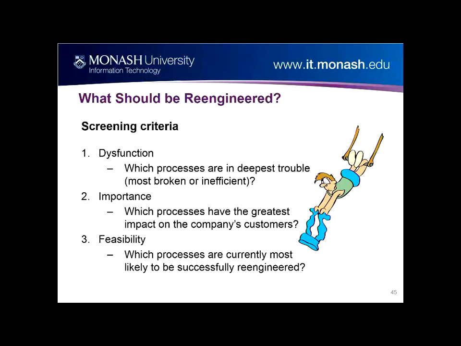Flexibility, feasibility: which processes are currently most likely to be successfully re-engineered? If you want to re-engineer a process, you want to make sure that after you re-engineer, the process works. Otherwise, there's no point in re-engineering. You may have so many processes that need to be re-engineered, but you pick the one which is going to give you the best success and do it first.